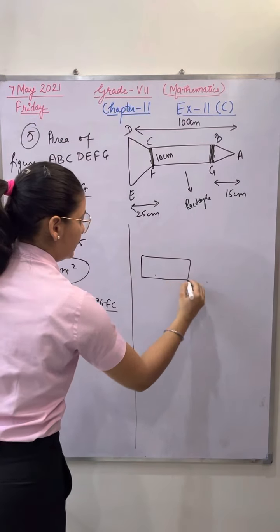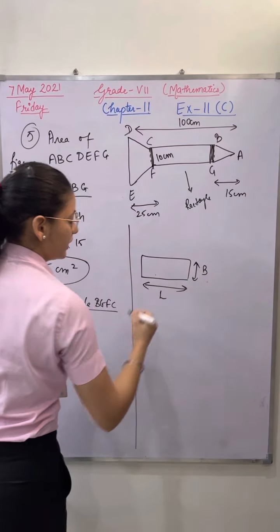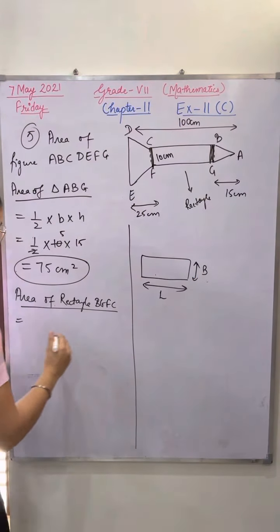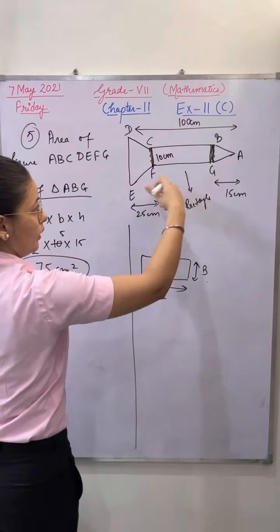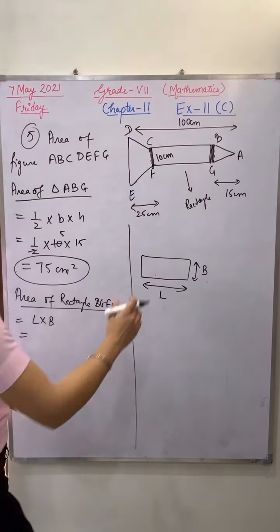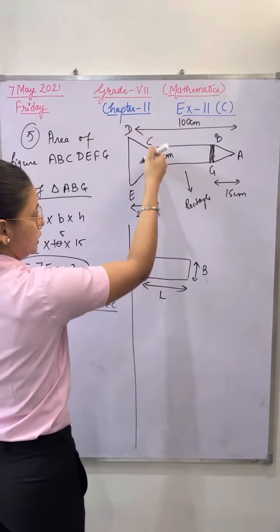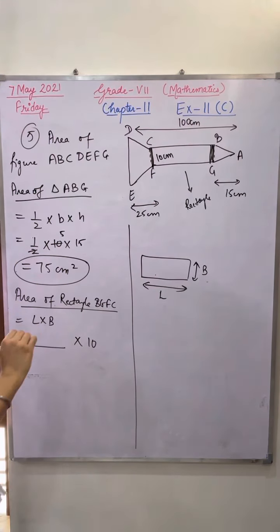This is a rectangle. Rectangle has a length and a breadth, so the formula is length multiplied by breadth, L into B. What is the length of the rectangle? Breadth is 10. Anyone can tell me what is the length here?